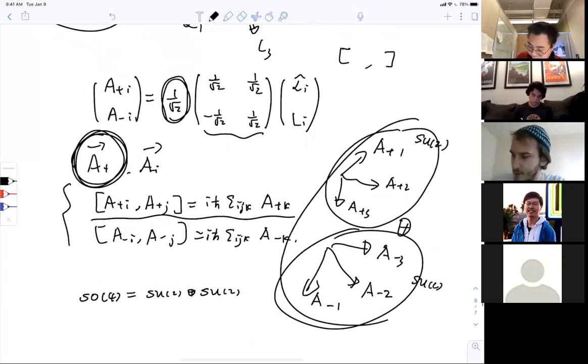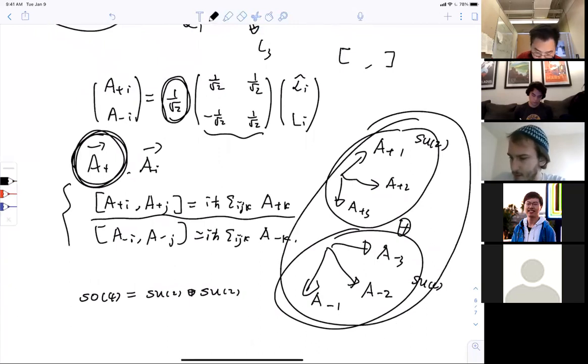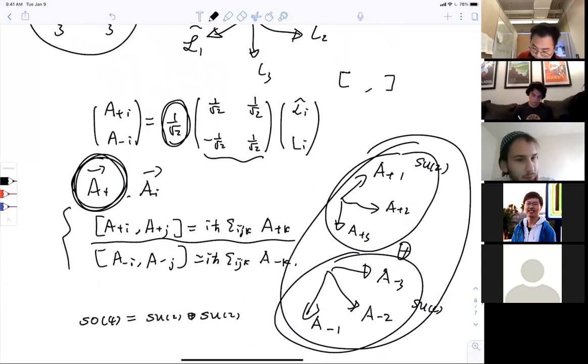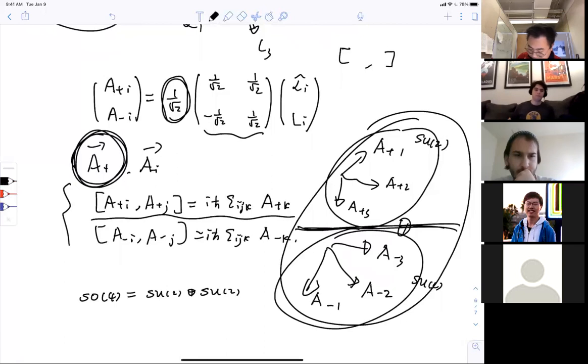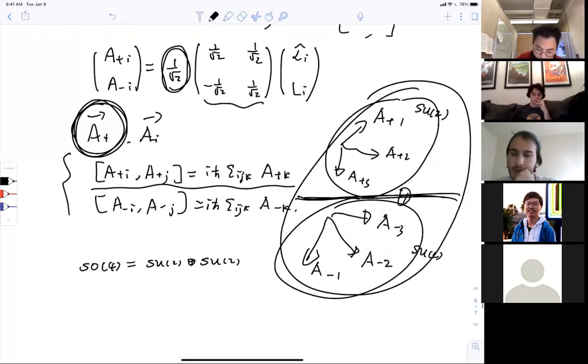The whole thing is the algebra of SO4, but we can decouple this basis and decompose it into two. Each one is the algebra of SU2. And in terms of the group, it is like this.